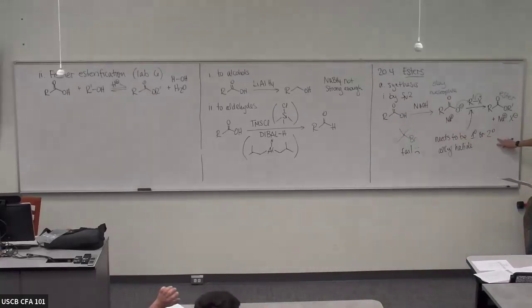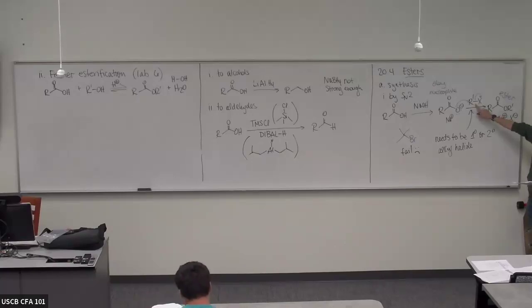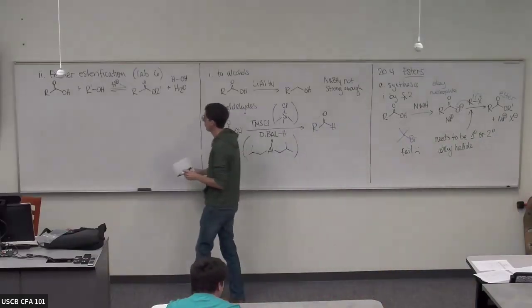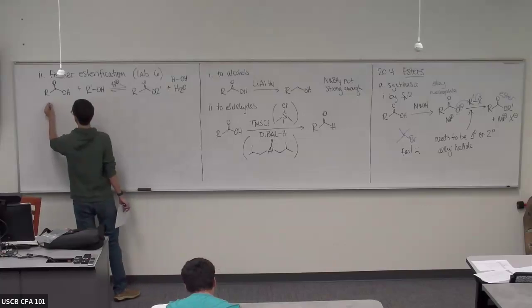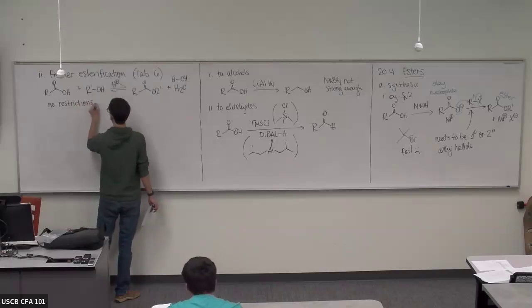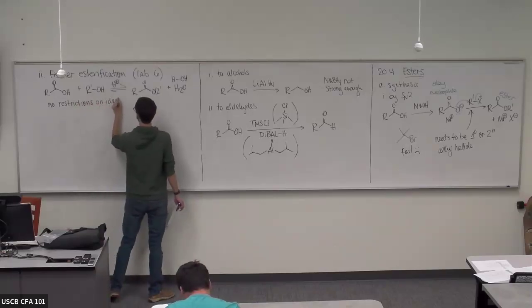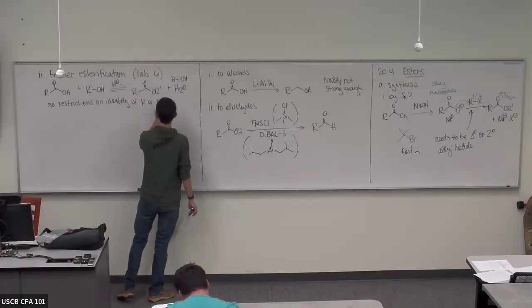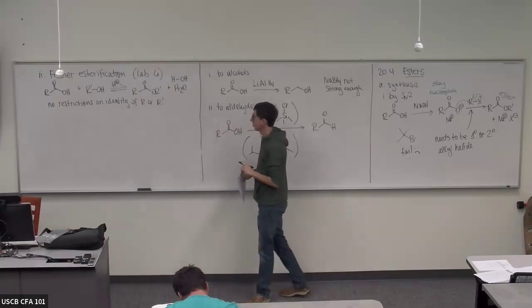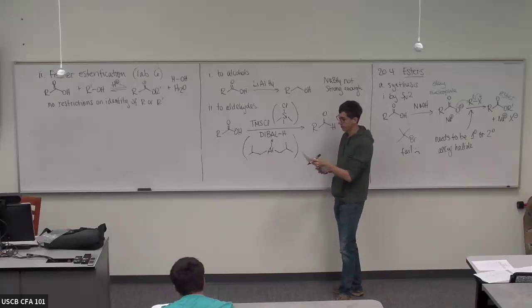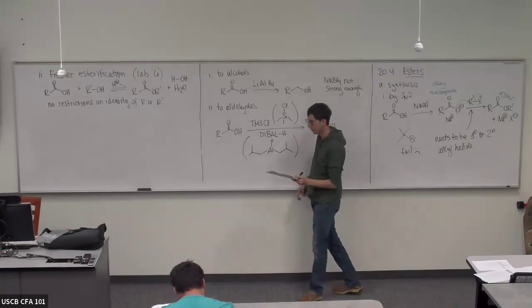Where there's restrictions on R prime here, restrictions on one of the substrates for the SN2 reaction, that's not really the case with Fischer esterification. I feel like there's always an exception to the rule, but not a really obvious exception to this one.